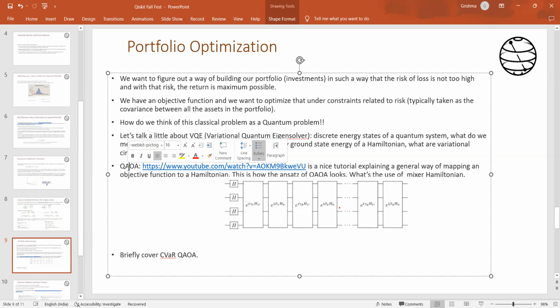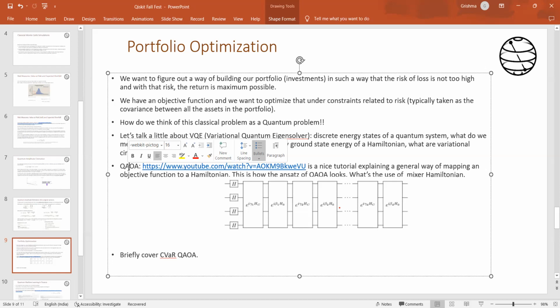And what we have in a variational quantum eigensolver is something called a variational circuit, which is often also called an ansatz. It's very similar to machine learning, where you have, say, a neural network with lots of nodes, and you want to find the best possible weights.